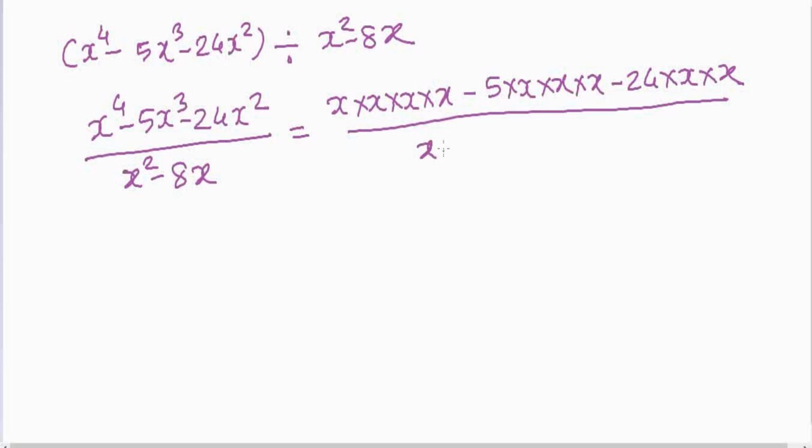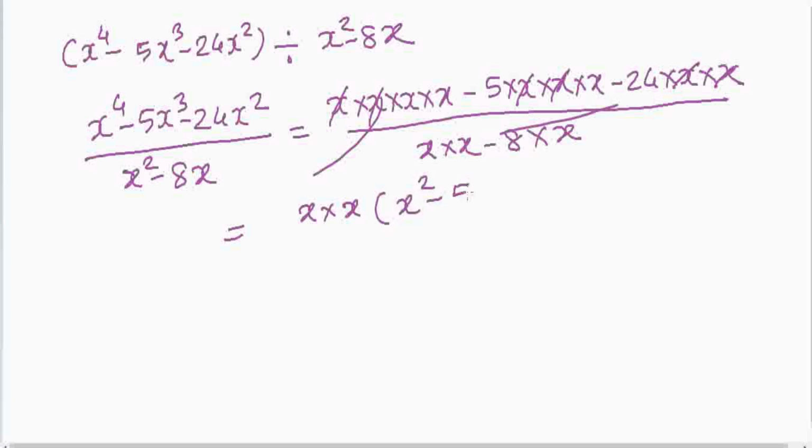divided by x square, which is x into x, minus 8 into x, equal to, you can see that here is x, here is x, and here is x. So take that x common, x into again x, x, and x, again taking x common, we have x into what remains: x into x, that is x square, minus 5 into x, minus 24, divided by, in the denominator we can see that this x and this x, we can take x common, we have x minus 8.